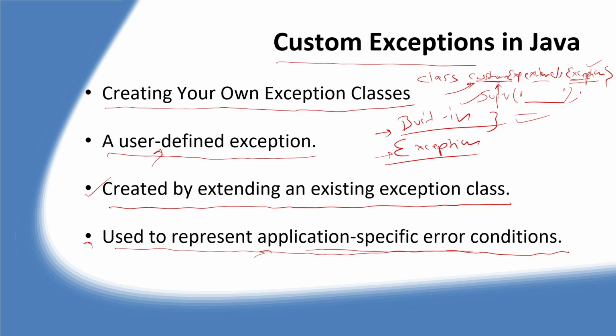Java provides many built-in exceptions such as ArithmeticException and IOException. And sometimes these exceptions are not enough to describe errors specific to our application. So in such cases, we can create our own exception classes, which we call custom exceptions.